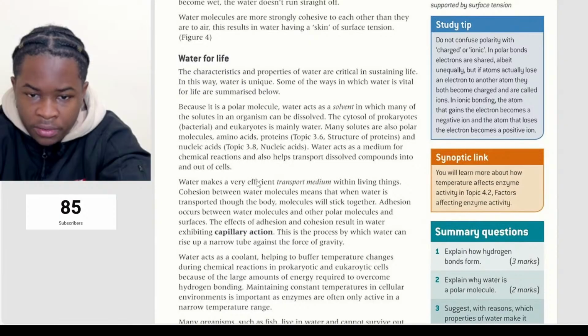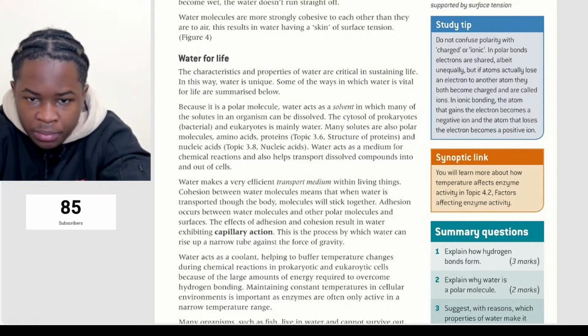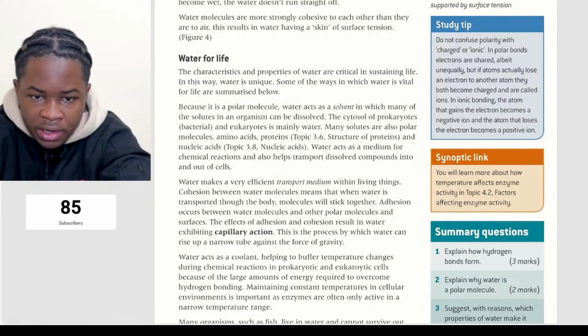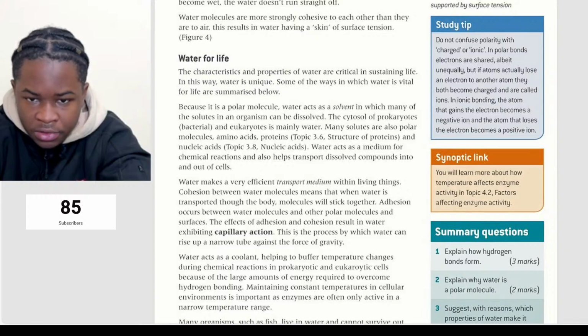Next point, water for life. The characteristics and properties of water are critical in sustaining life. In this way, water is unique. Some of the ways in which water is vital for life are summarized below.